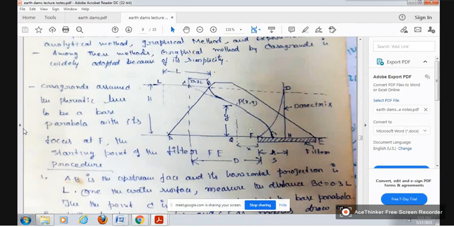This PF is equal to the distance from P to the directrix. We take another point here. From this point to F, this distance is equal to this distance. That is the property of the parabola.